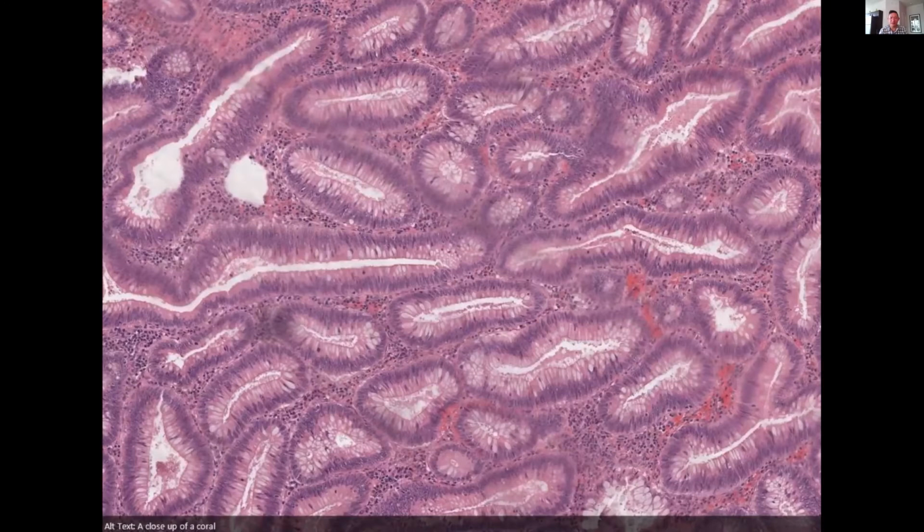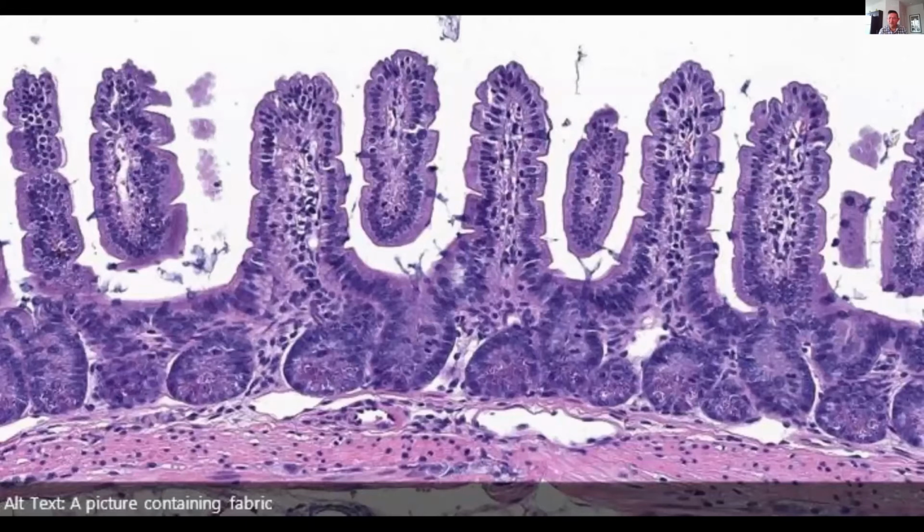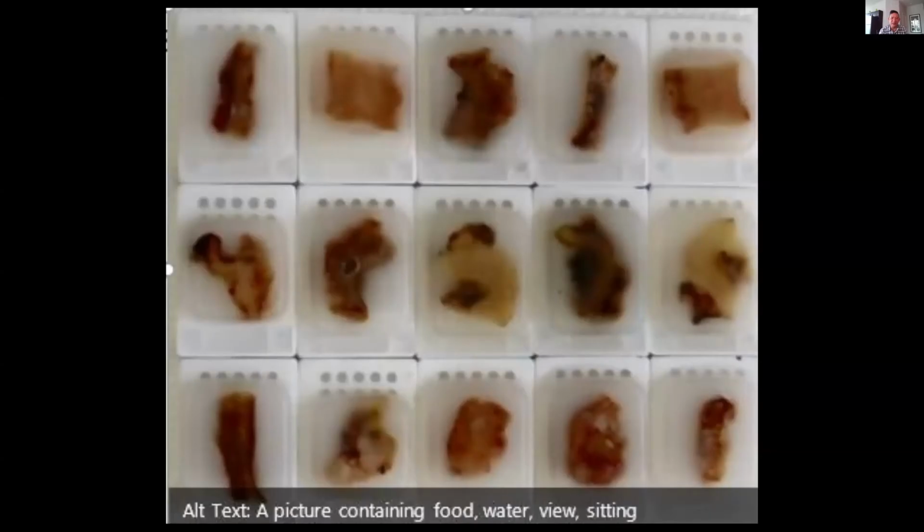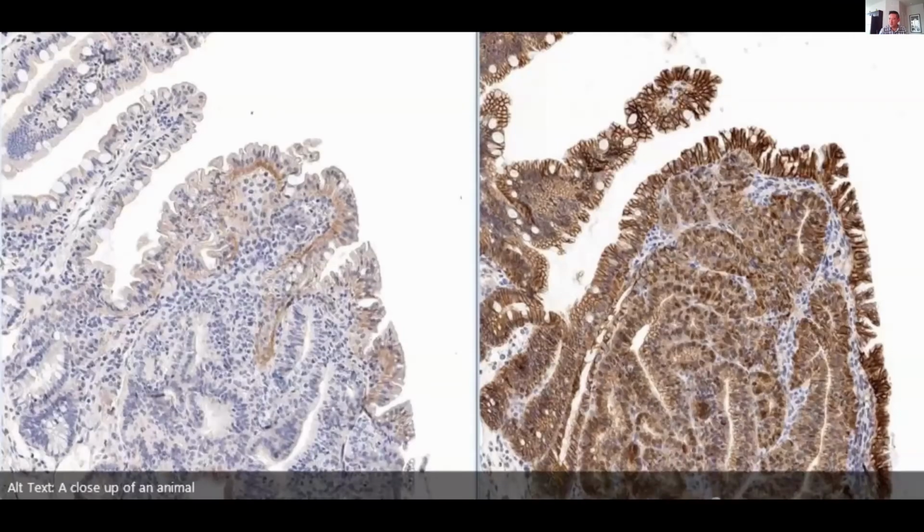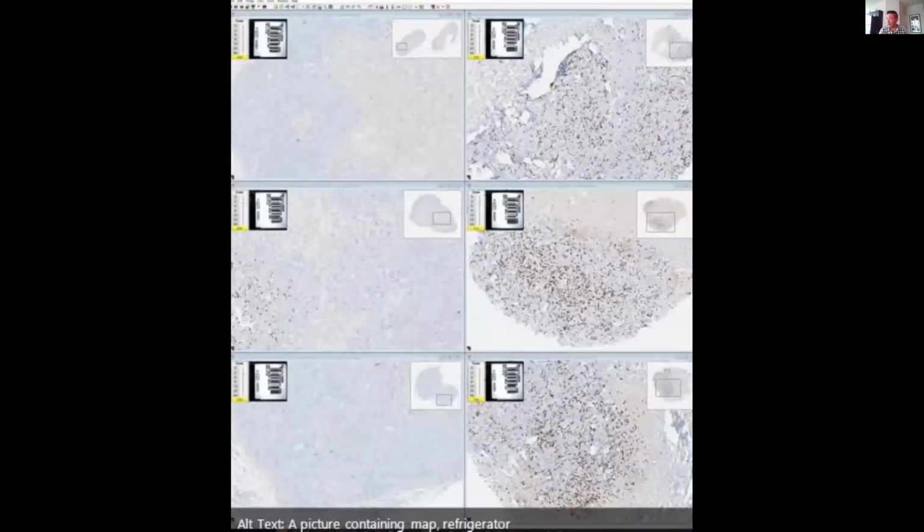But after that, it's been falling apart. I get a lot of fabric. I guess herringbone patterns and things can look like fabric pictures, but then it eventually falls apart completely. It continues to tell me this is a picture containing food, water, view, sitting. This is a close-up of an animal. This is a picture containing map and refrigerator.